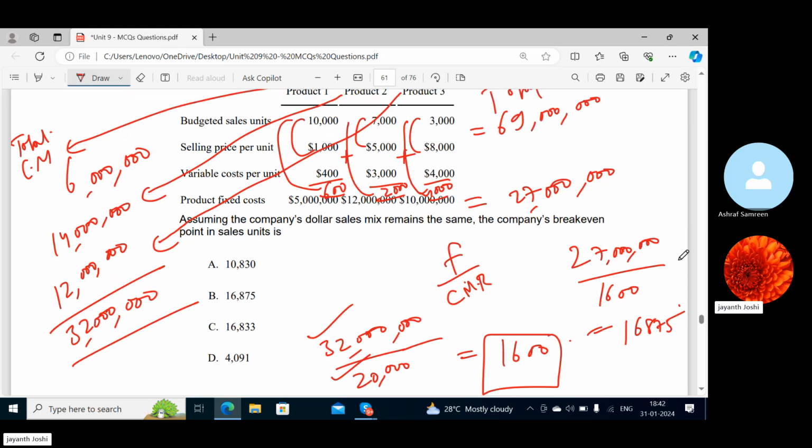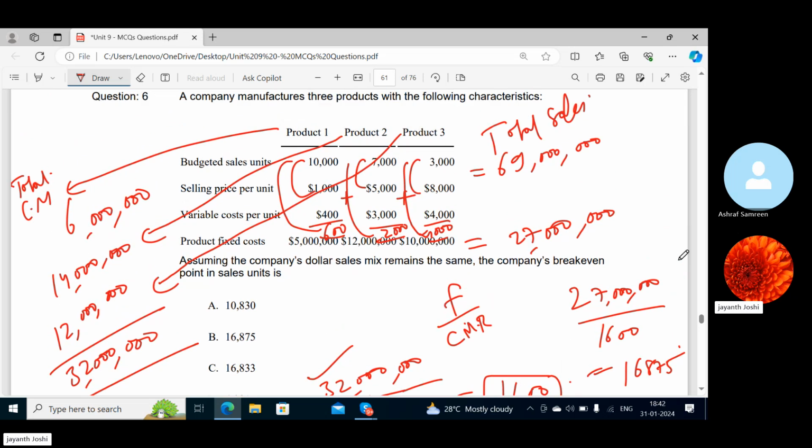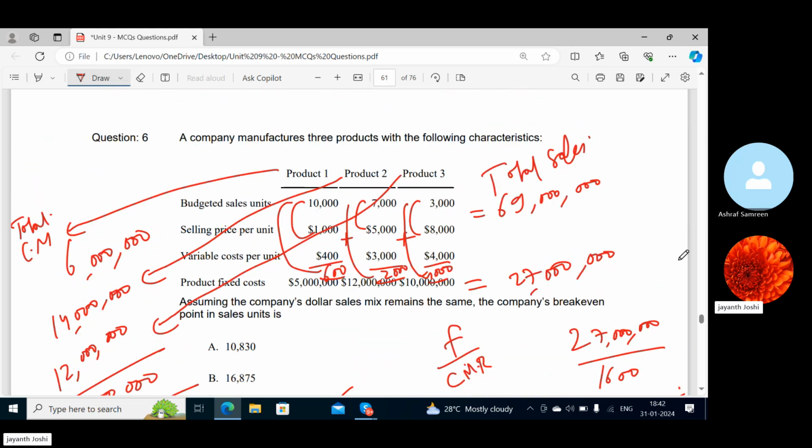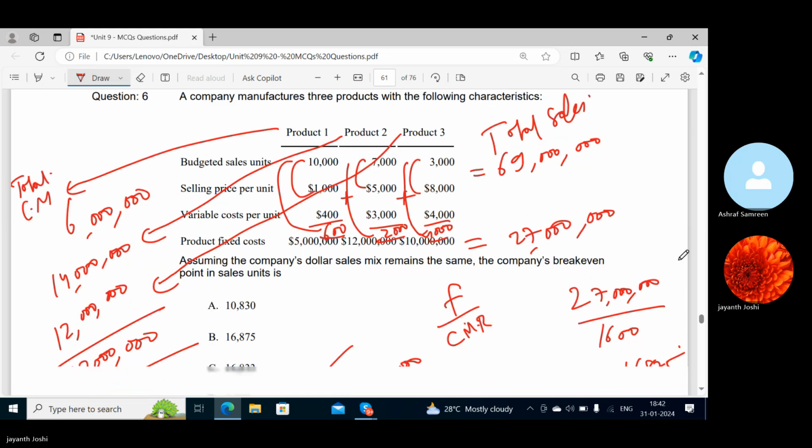Now, what we need to do? Sales. What is the total sales we have? 69 lakhs, right? So we need to take each and every product's proportion in the total sales.